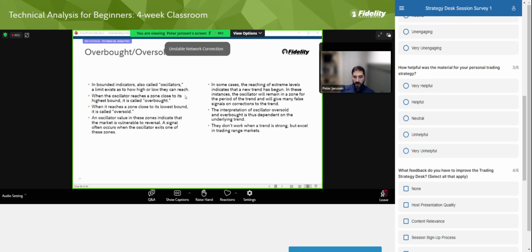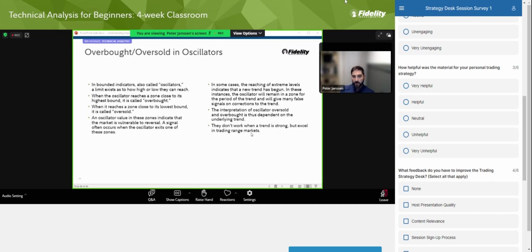Now, there's a few caveats here, some different things I want to talk about, but I want to start with this last bullet point first. It says they don't work when a trend is strong, but excel in trading range markets. And we'll speak a little bit to that.